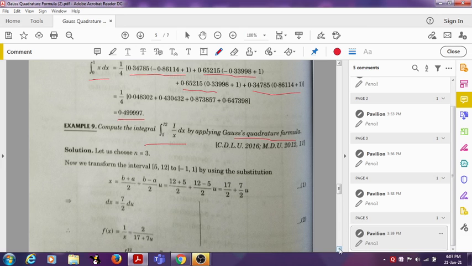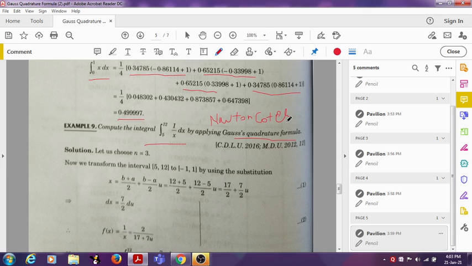If you remember, we have already done the Newton-Cotes quadrature formula. In the Newton-Cotes quadrature formula we did three methods: the first one is the trapezoidal rule, the second one is Simpson's rule, and in Simpson's rule there are again two methods, Simpson's 1/3 rule and Simpson's 3/8 rule.